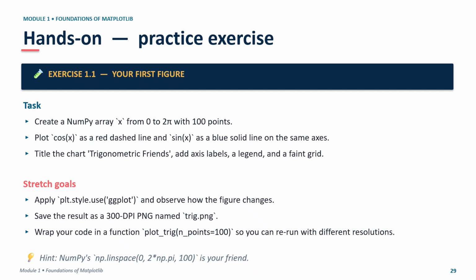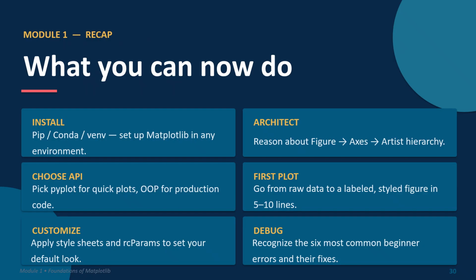You can even stretch your goal and use a style, like plt.style.use('ggplot'), so it can create the figure. You can apply the style and see how the changes happen, and you can save your figure with 300 resolution, in .png format. And this is how you can practice well and try to find the solution for the problem. You can try this exercise 1.1.